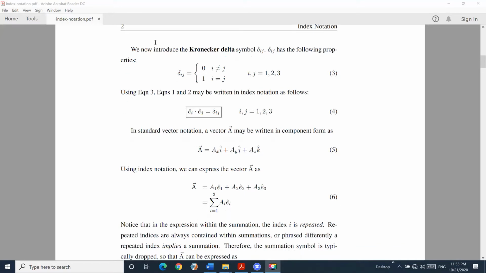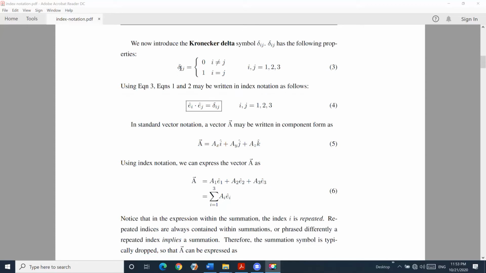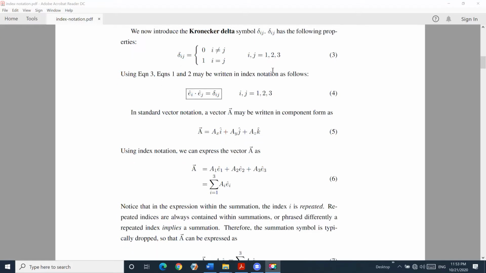If we continue, now we know the Kronecker delta symbol, delta ij, has the following properties. If i and j are not equal to each other, it gives 0. If i and j are equal to each other, it gives 1. Here i and j are 1, 2, 3 in 3-space.